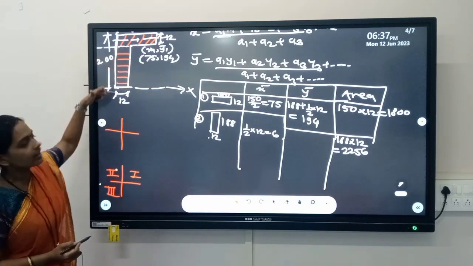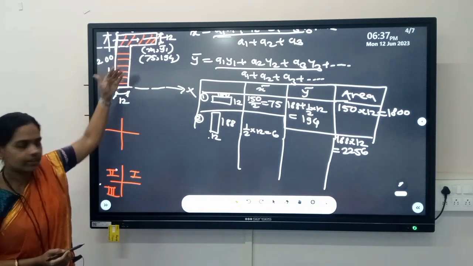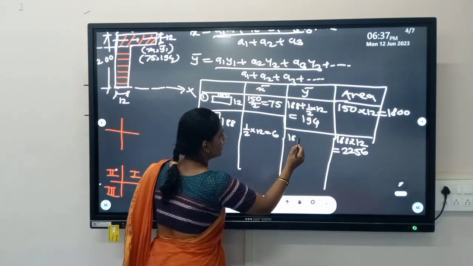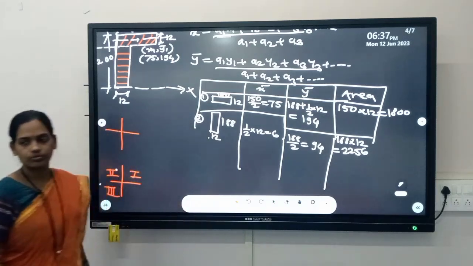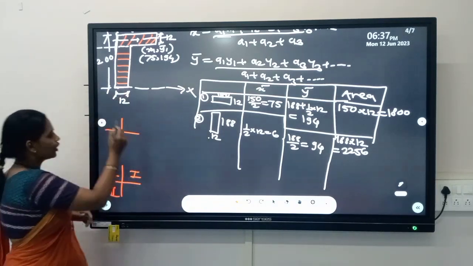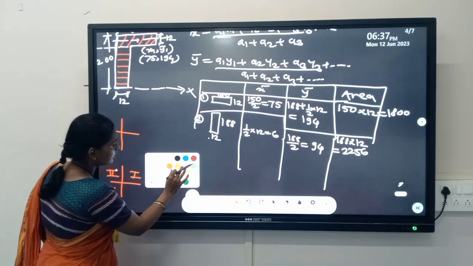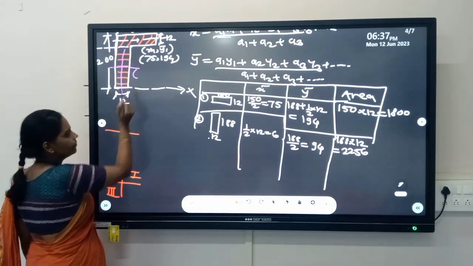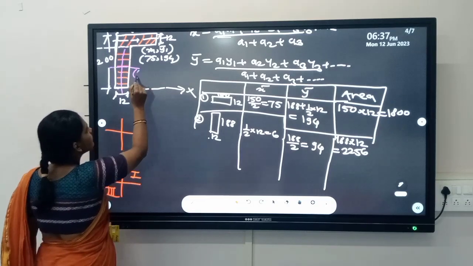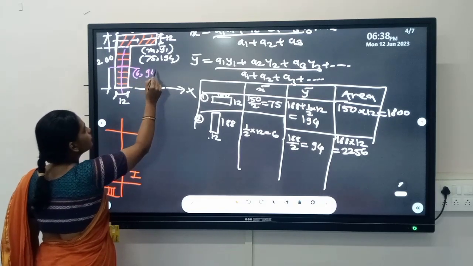The height of this rectangle is 188, so it is half of 188, 188 divided by 2, which becomes 94. So the centroid of this rectangle will be 6 comma 94.